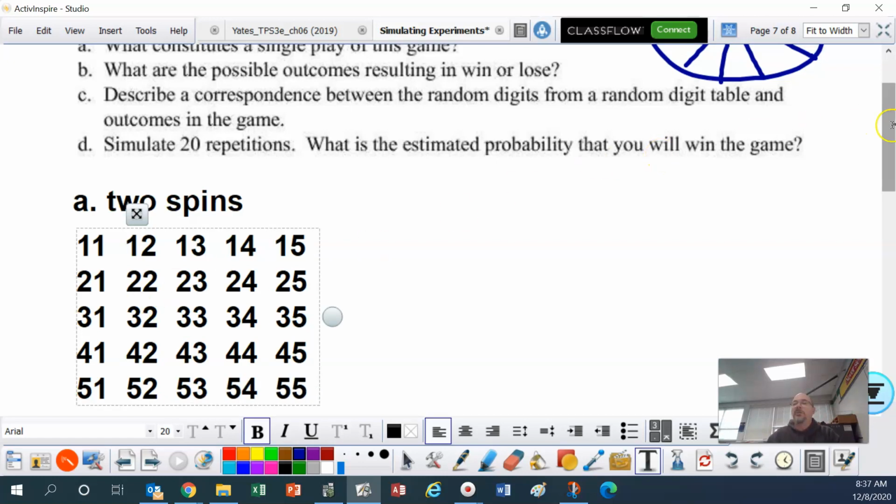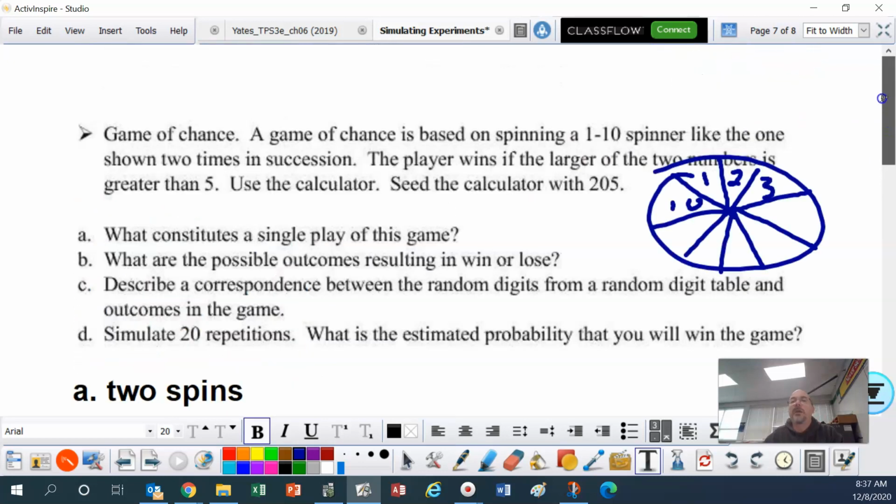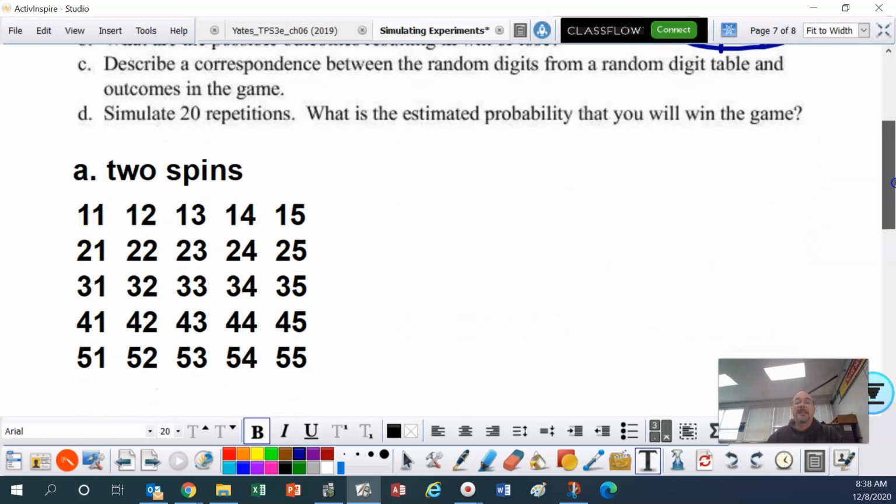Okay, let me double check to make sure I'm understanding this right. So it says that the player wins if the larger of the two numbers is greater than 5. Well, folks, what I did here, these are not the winners. This is for losing the game. Whoops.